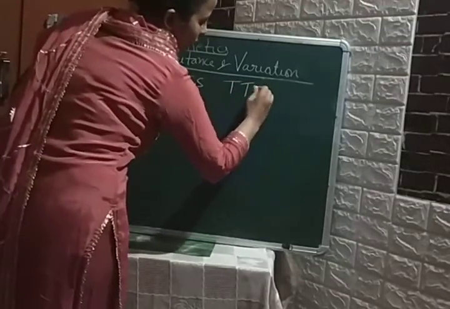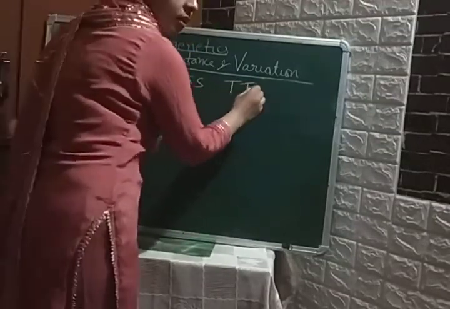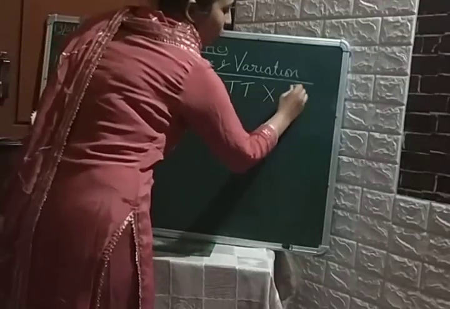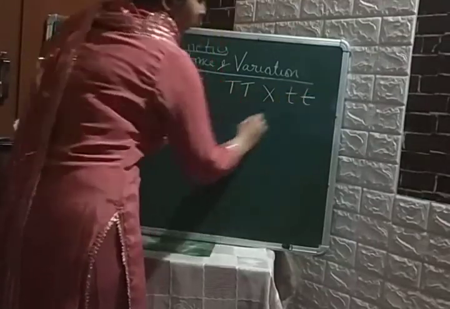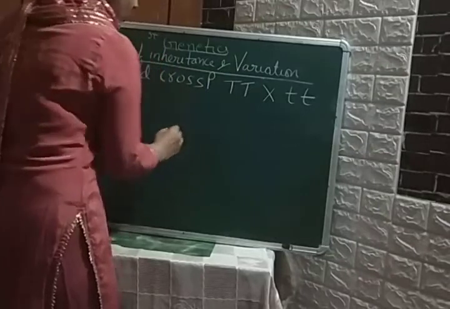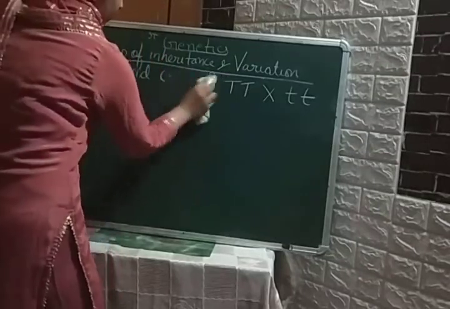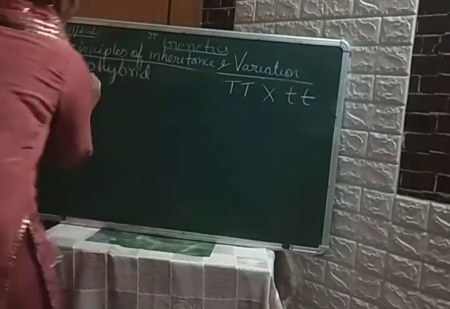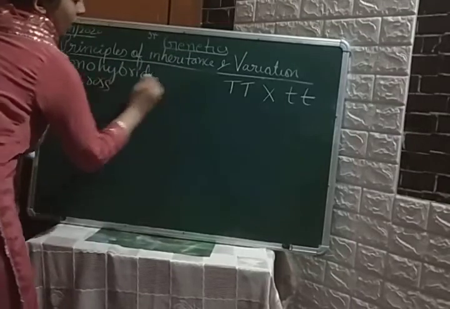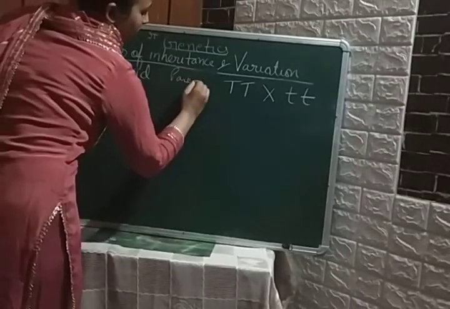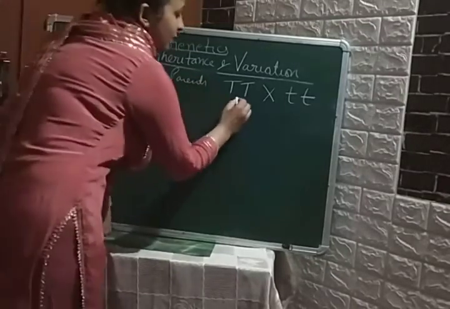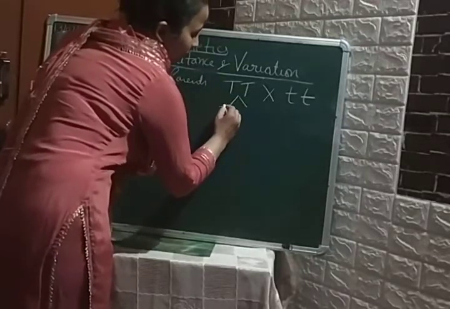making a monohybrid cross. Okay. These are your tall parents and these are your dwarf parents. Okay, this is the parent generation. Monohybrid cross I will write here, and these are parents. Then these parents will give gametes.